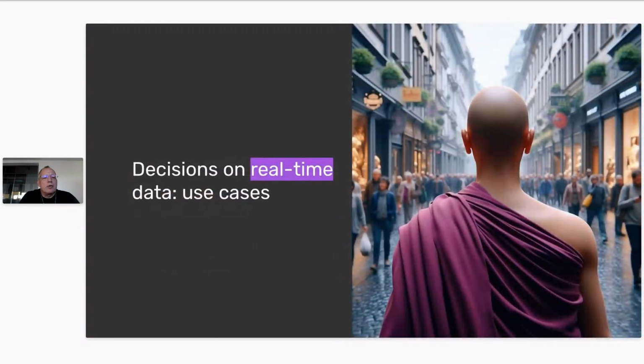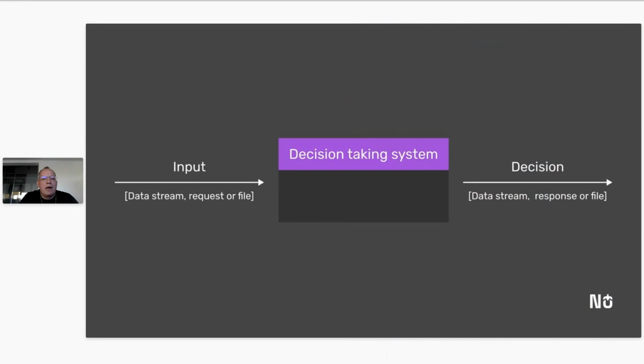Let's narrow down what kind of real-time applications we'll be talking about, because this talk is not about any real-time application. It's about a specific subset of real-time applications, which can be defined as decision-taking systems. These systems follow quite a common pattern.